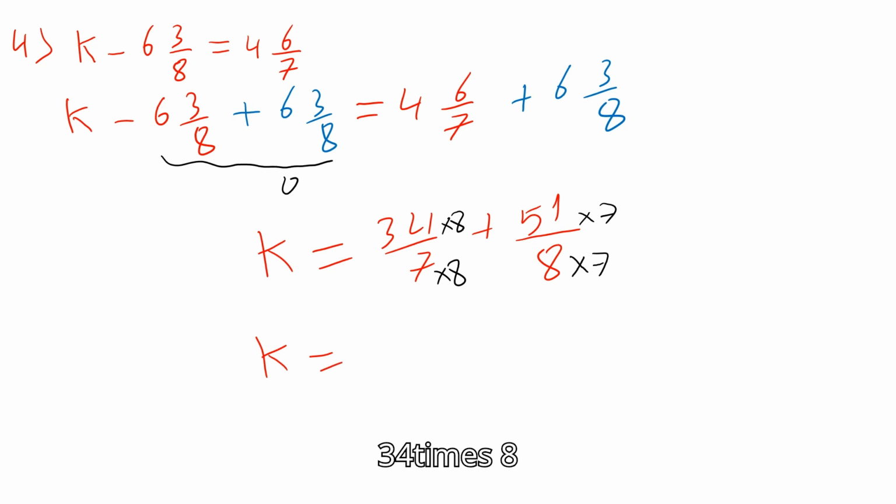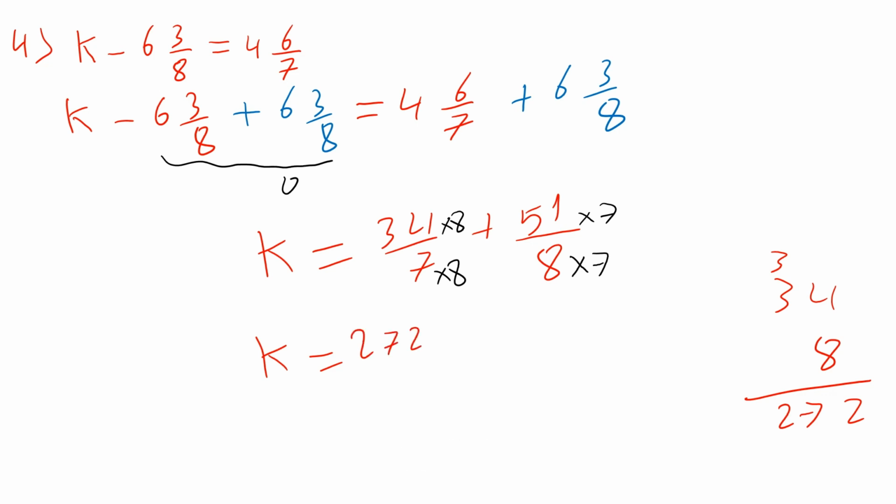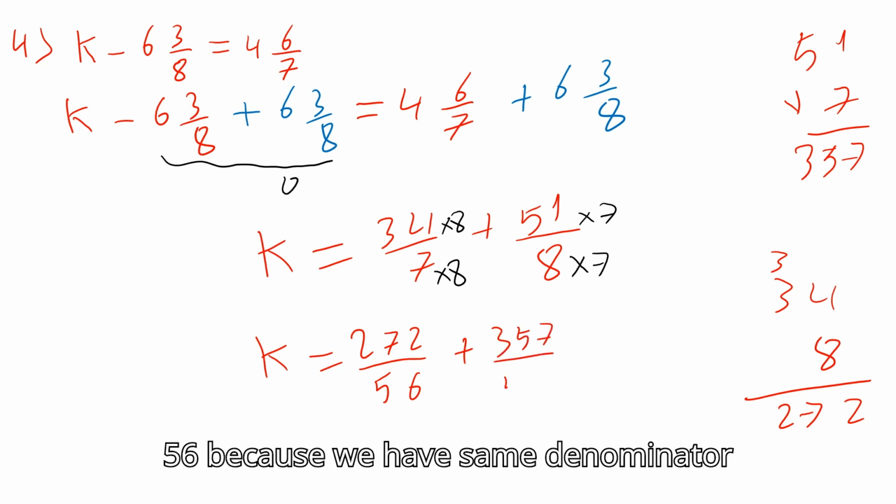Now 34 times 8. 8 times 4 is 32, so 2 here and 3 up. 8 times 3 is 24, plus 3, 27. So 272. 7 times 8 is 56. Plus 51 times 7, 7 times 5 is 35, so 357 over also 56.